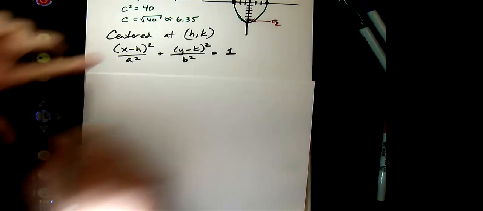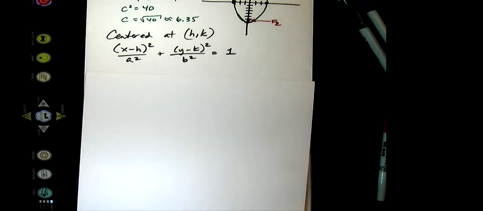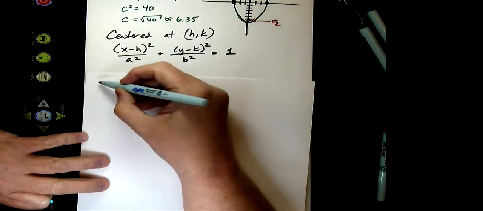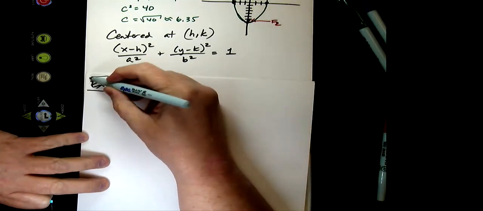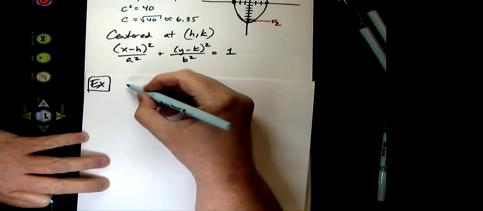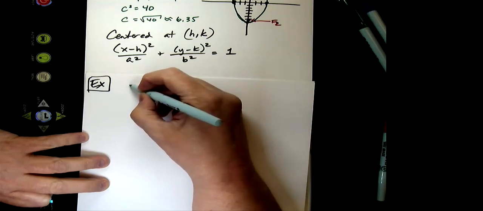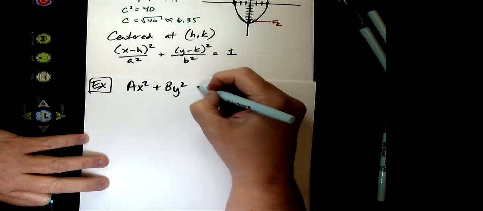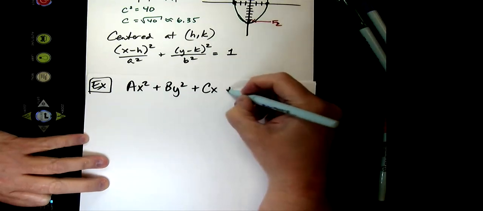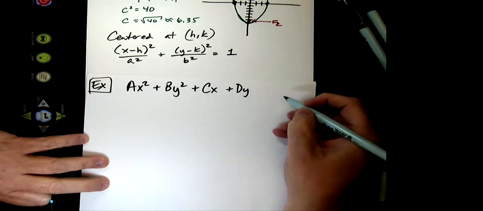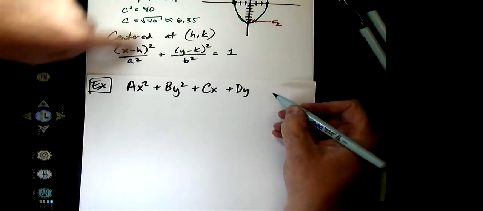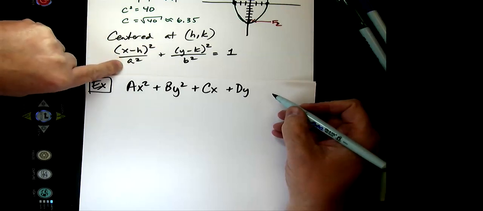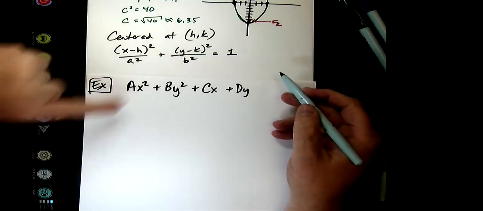Throwing in the h and the k when you clear fractions makes it look like something in the form where, if you gather all the constants together, you have ax squared plus by squared plus cx plus dy. When you multiply this out, h squared over a squared is a constant, and k squared over b squared is a constant.